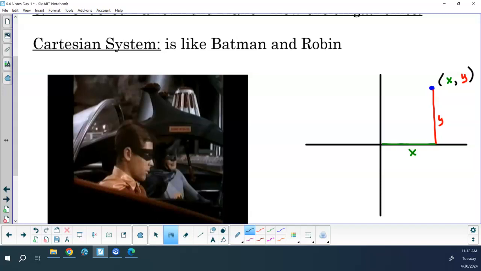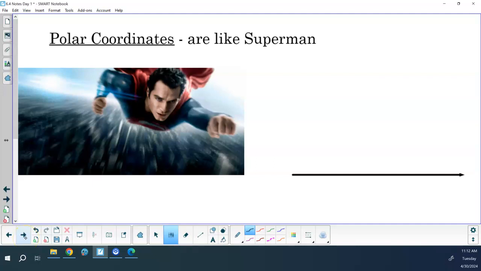Today, we're going to start talking about polar coordinates. And polar coordinates are like Superman. Superman starts at the Fortress of Solitude. And then Superman hears that Lex Luthor is committing a crime somewhere. And what does Superman do?